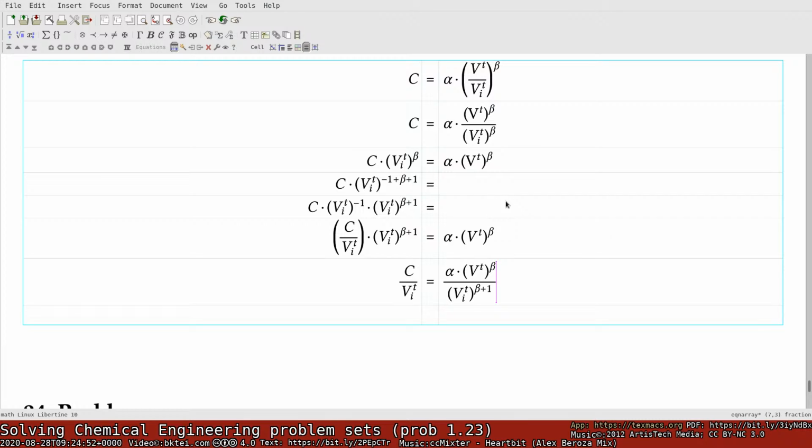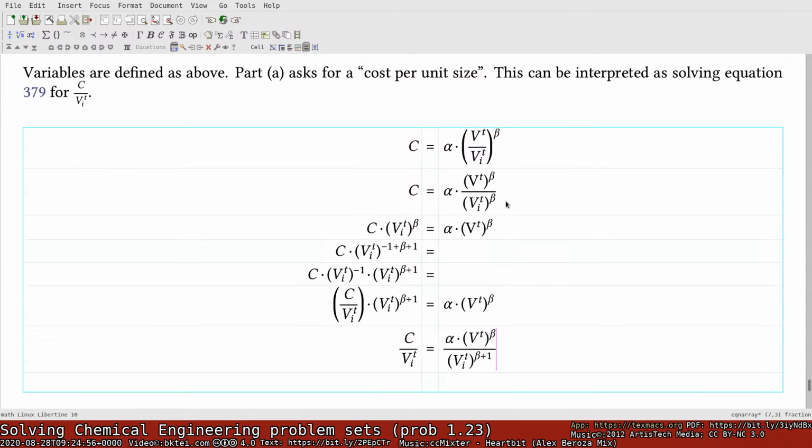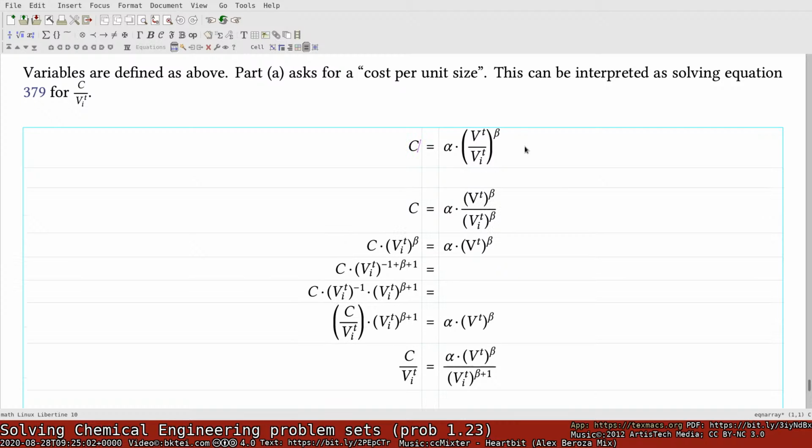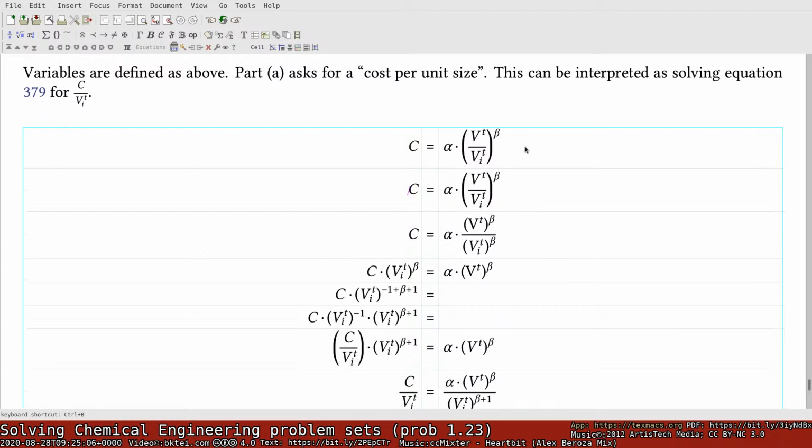Am I just not defining everything correctly? Put that original equation up here.